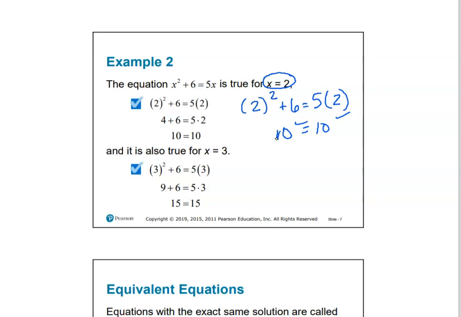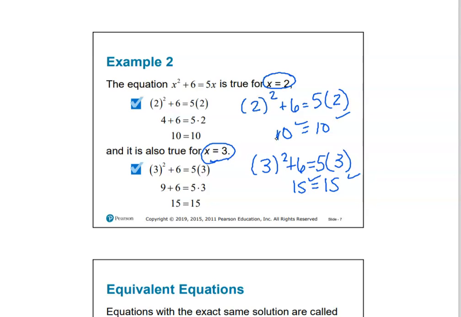Okay, now this one is tricky because this one has 2 solutions. They asked me to now try x is 3 in that same equation. So if I try 3, squared is 9, and 9 plus 6 is 15. 5 times 3 is 15. Okay, so that's true. So actually this equation is called quadratic.